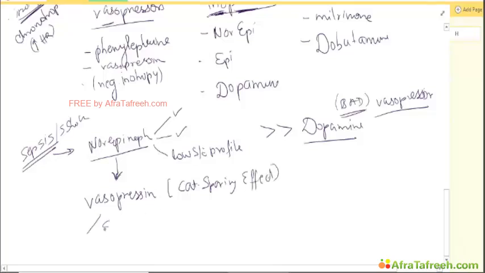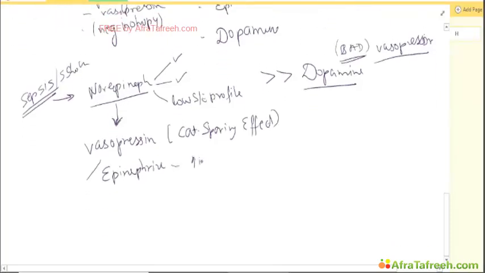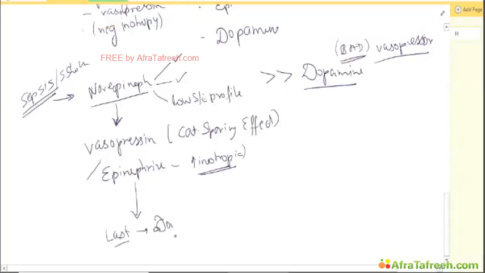Or we could use epinephrine now, right, which has higher inotropic effect. If at all we need, like a last resort, we have dopamine. We don't use dopamine upfront. This is a bad medicine and is reserved for the last step.